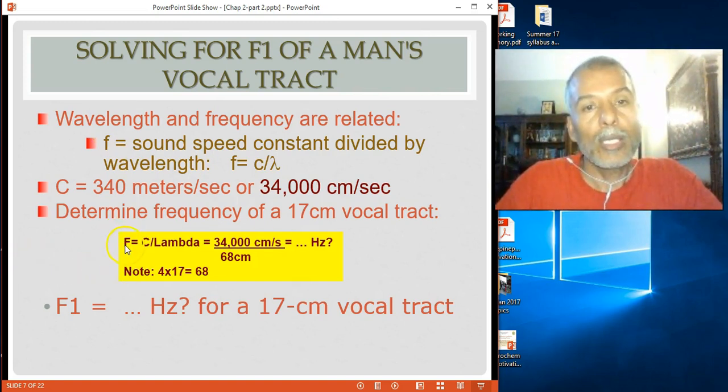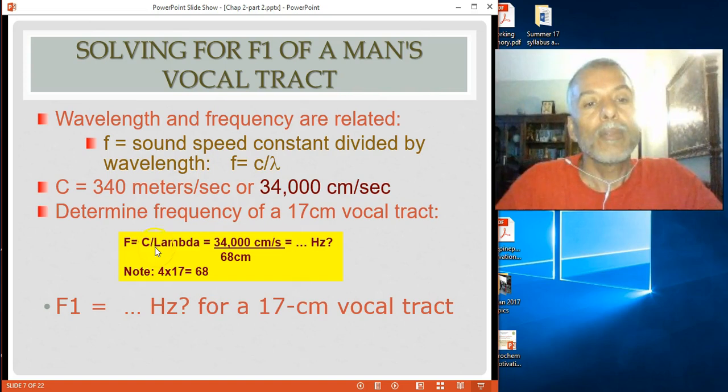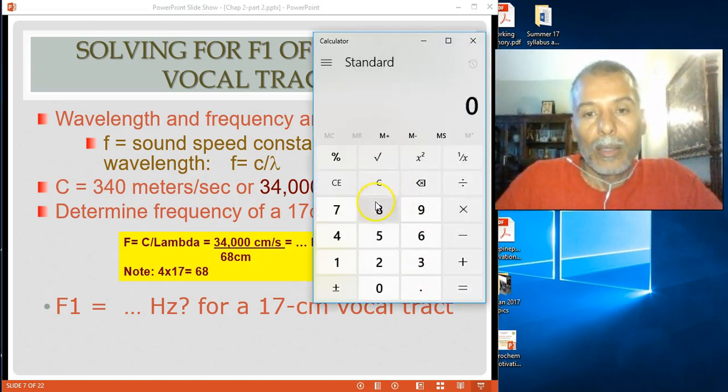The resonant frequency of the vocal tract now equals the sound constant divided by lambda, which equals 34,000 centimeters per second divided by 68 centimeters. Now calculate and see what you get. Let's see.